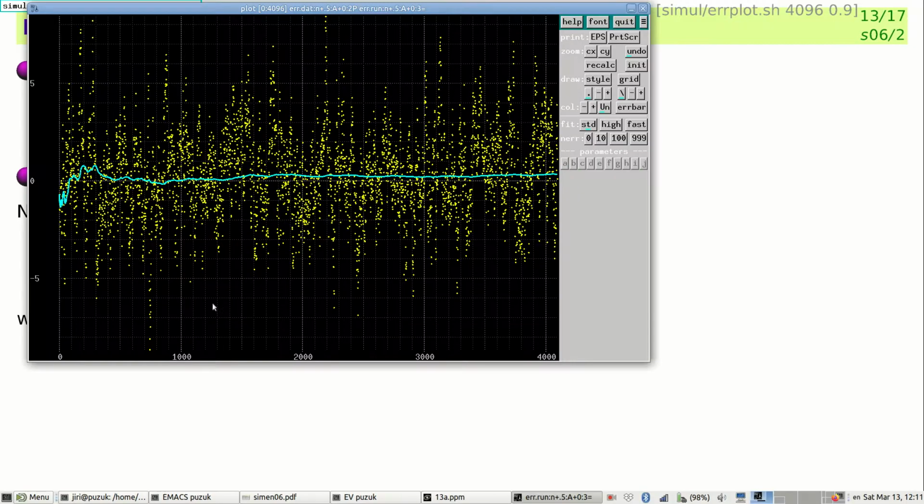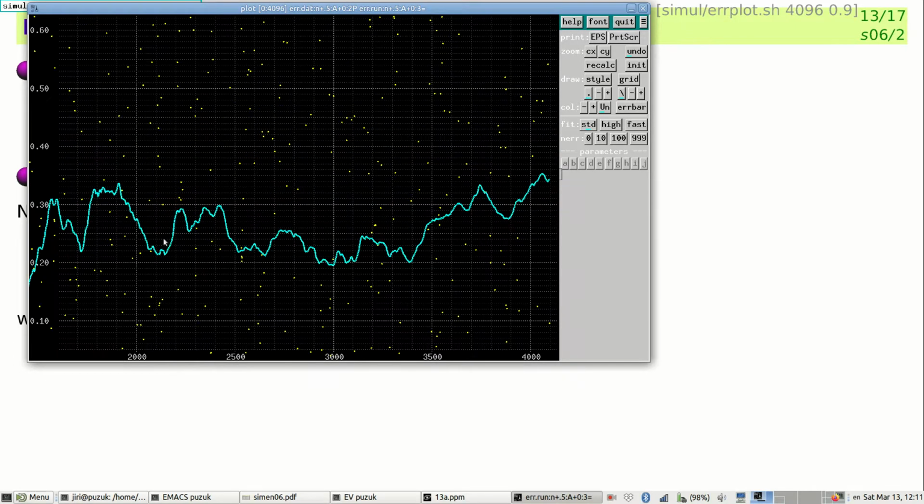So here there are generated data, 4,096 pieces of data, and this is the cumulative average. So from here, maximum minus minimum would be the estimate of the error, to be multiplied by 0.6.